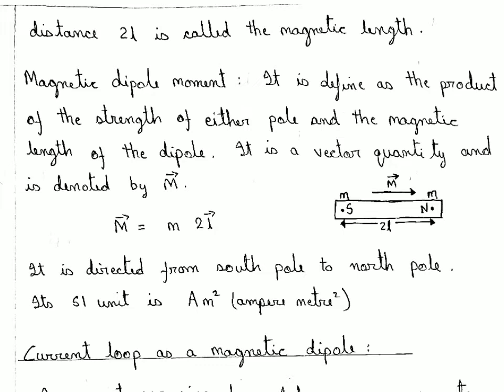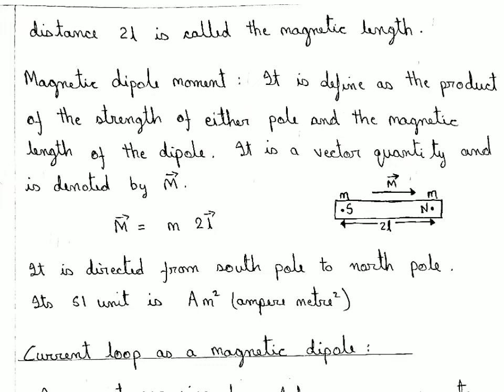Here we have the magnetic dipole moment, denoted by capital M, and it is equal to m into 2l. It is a vector quantity. Its direction is from south pole to north pole, and its SI unit is ampere meter square.